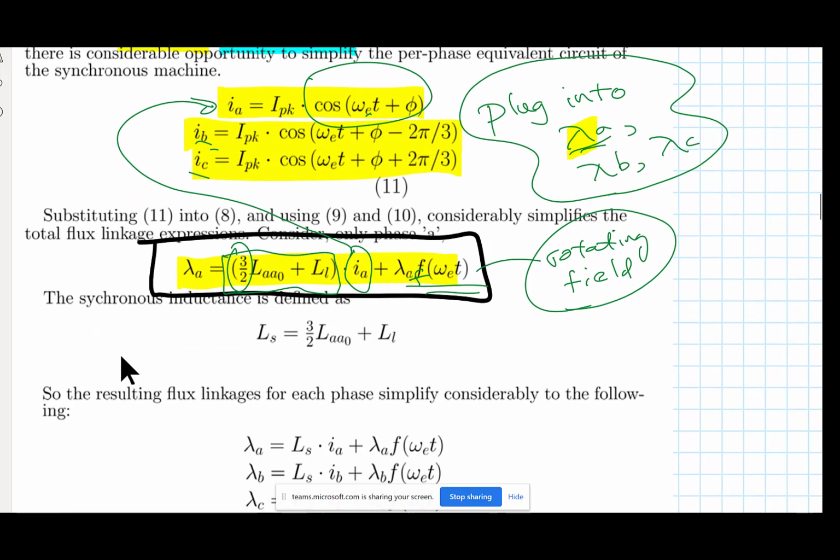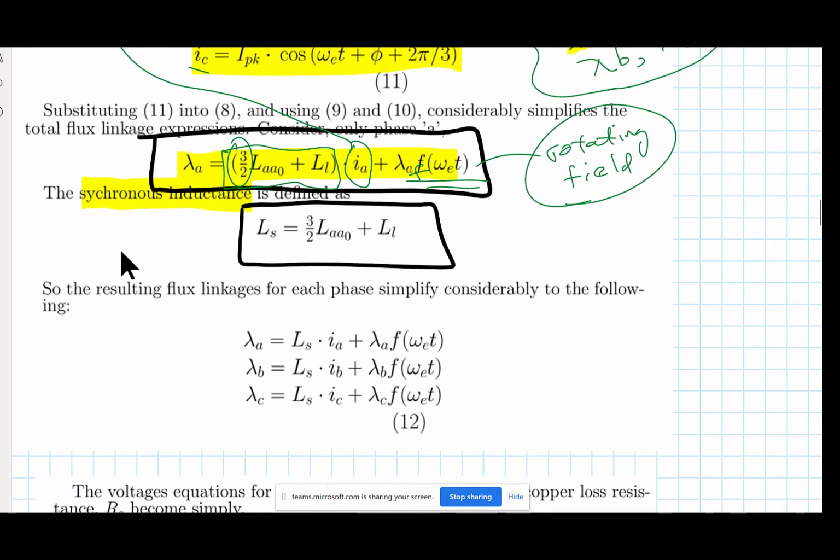And so we're going to define this expression right here as the synchronous inductance. It's a function of the self-inductance and the leakage.